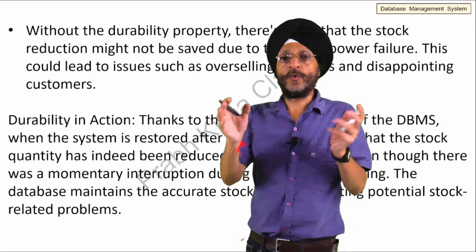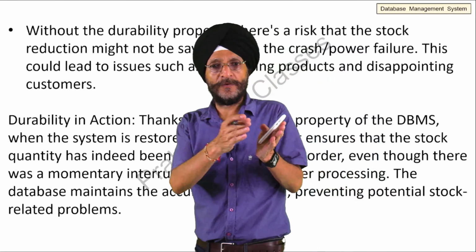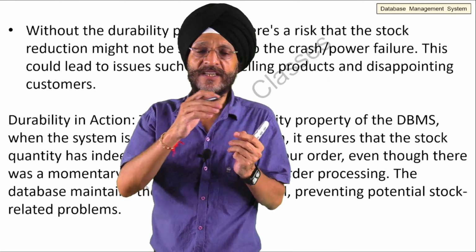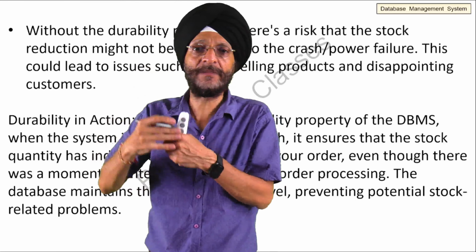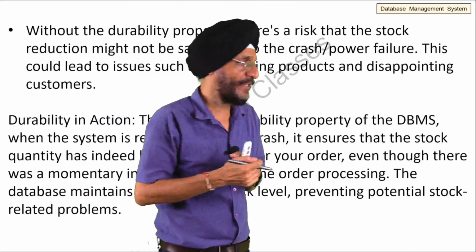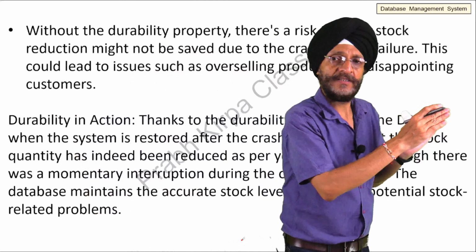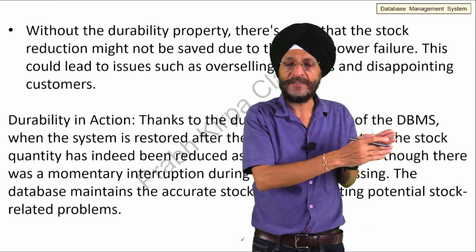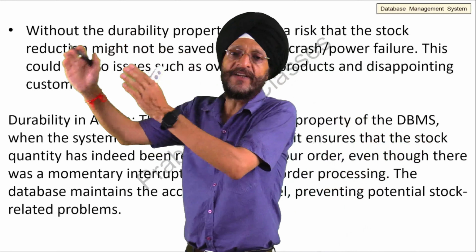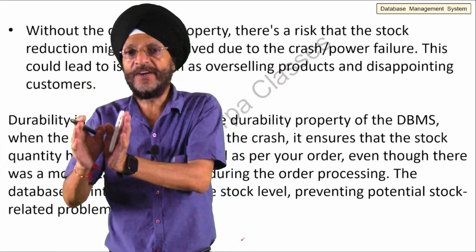If there was no ACID property of durability in DBMS, it would have been possible that the order was confirmed to the client and at the same time the inventory level might not have been reduced.